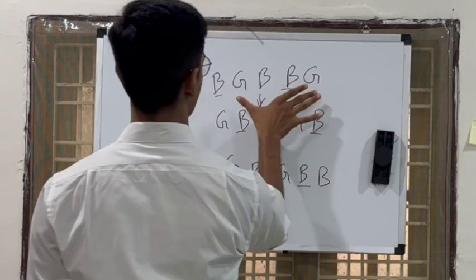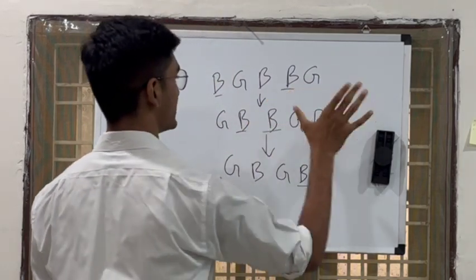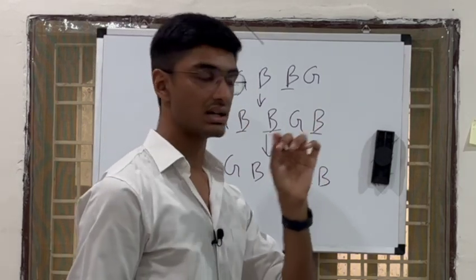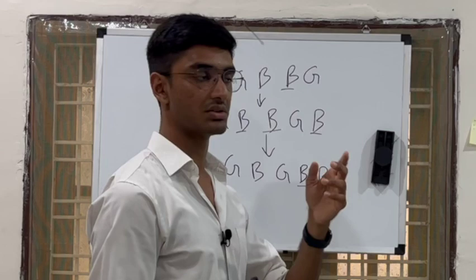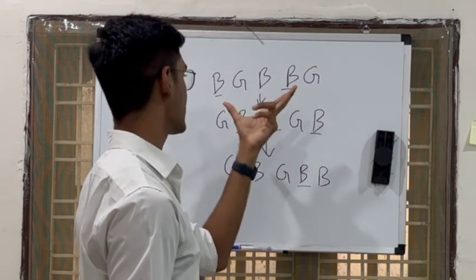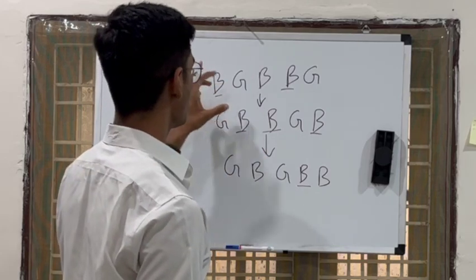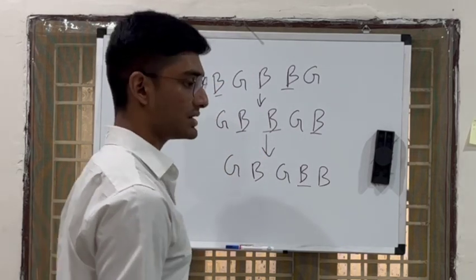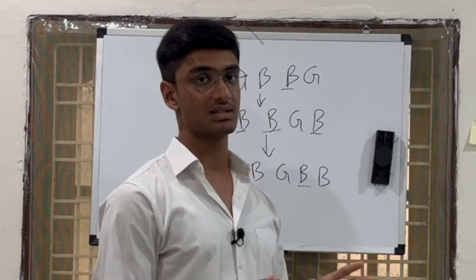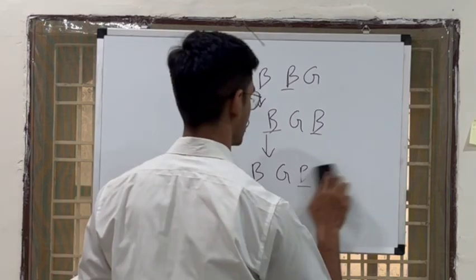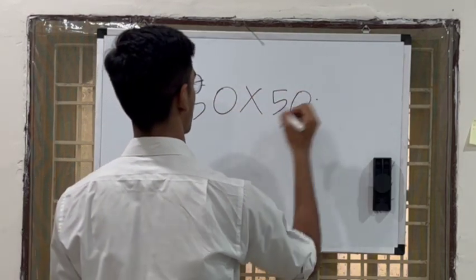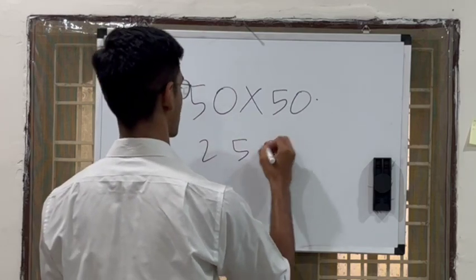The length of this array will not exceed 50, which means you don't have to iterate over more than 50 elements, because the maximum length of the array is 50. Similarly, the number of times you iterate will also not exceed 50, which equates to 50 times 50, which is 2500 operations.